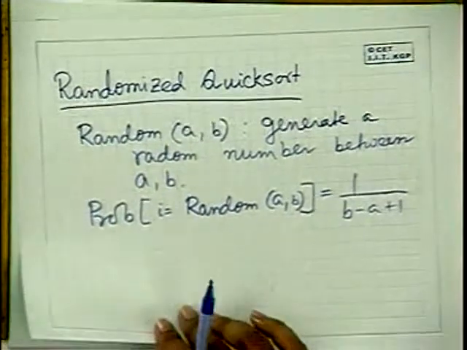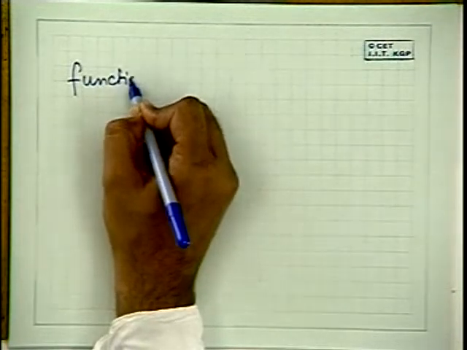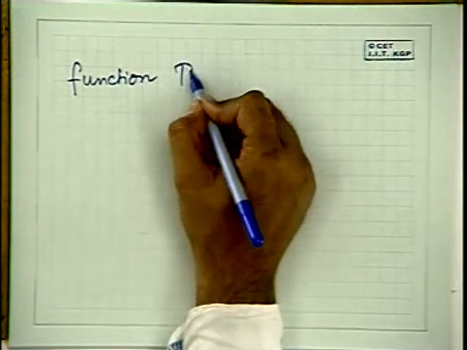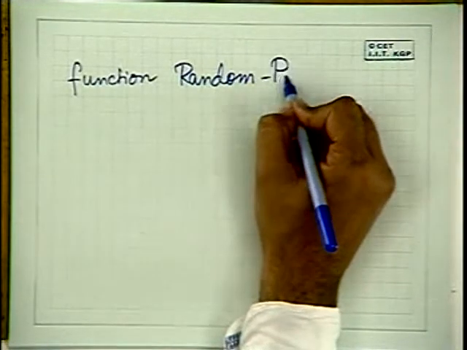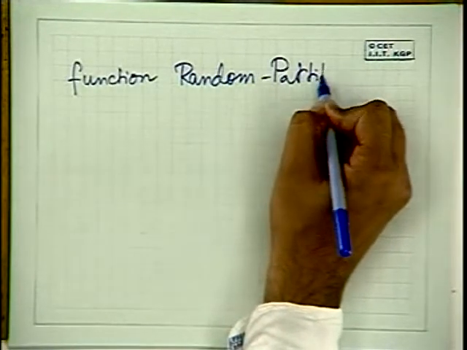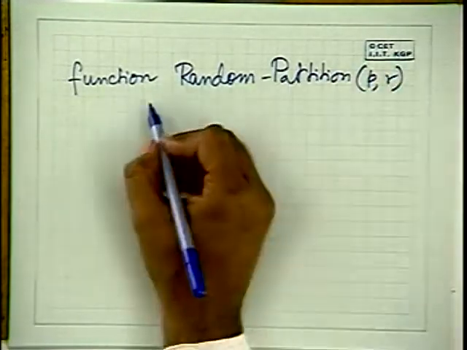So now let me write random partition. So function random partition(P, R). What you do?